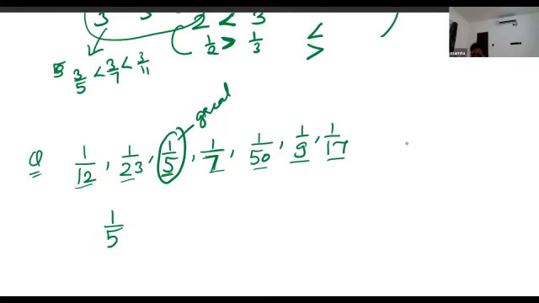So I got 1 by 5, then 1 by 7, then 1 by 9, then 1 by 12, then 1 by 19, then 1 by 23, and 1 by 50. Yes, correct. Correct, children. Ashwath, correct.